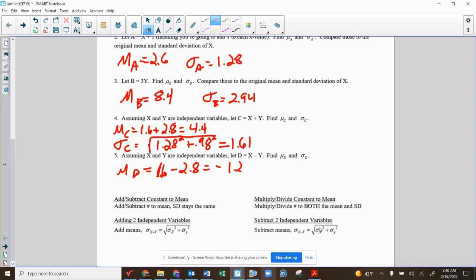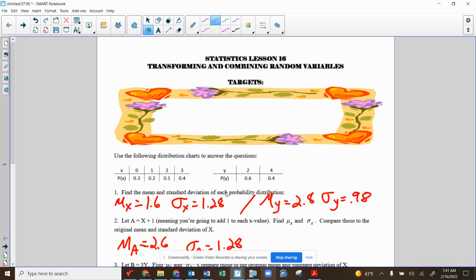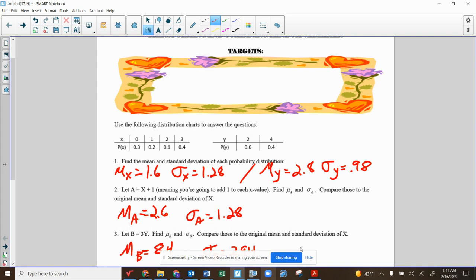Notice when you do the standard deviation for adding and subtracting, it's the exact same thing. It does not become subtraction. It stays as addition. So it's going to be the exact same thing as when I did it in the previous one, so that's still 1.61. All right, so that is adding, subtracting, multiplying, and dividing probability distributions. That's Lesson 16. Let me know if you have any questions.